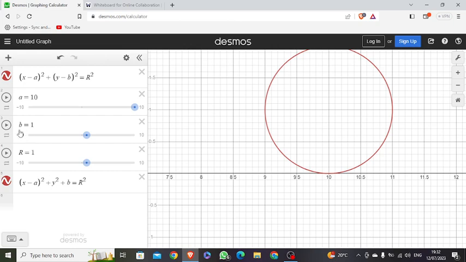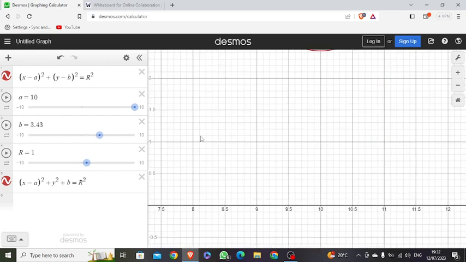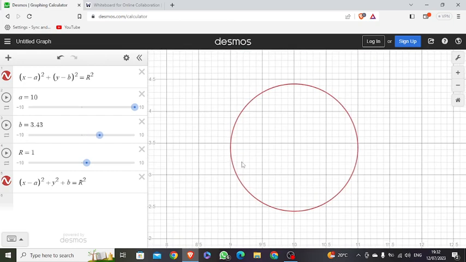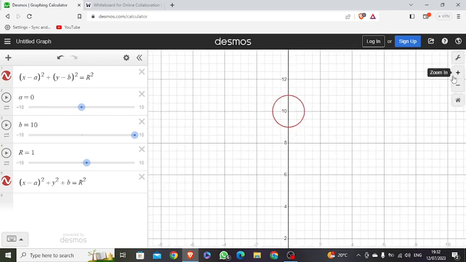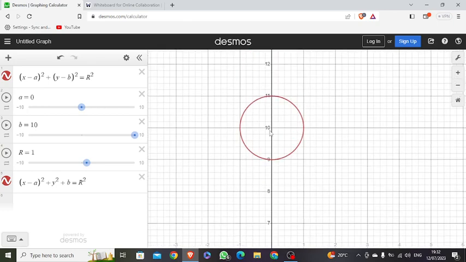In this case, if you move b, and I'm actually not sure why they didn't do that instead, then positive b is all you need, you don't need any negatives. So if you want to add 10, and let's make a 0 to make it easier, then it goes up by 10, and the center is now at 0, 10. 0 for x, 10 for y.